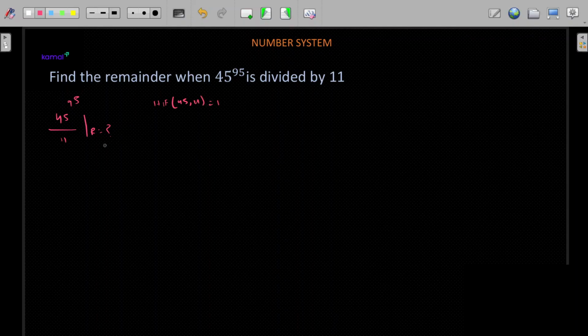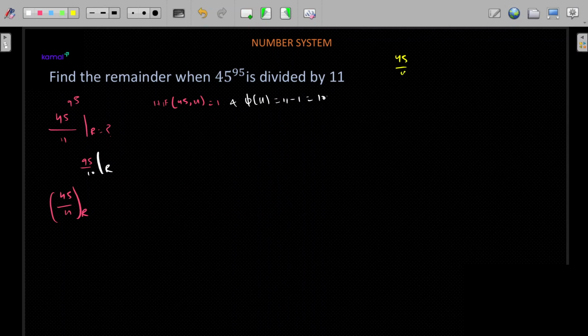So I divide 45 by 11 to find the remainder, and 95 is divided by the Euler totient of 11. The Euler totient of 11 is nothing but 11 minus 1, which is 10. So we'll find it separately.